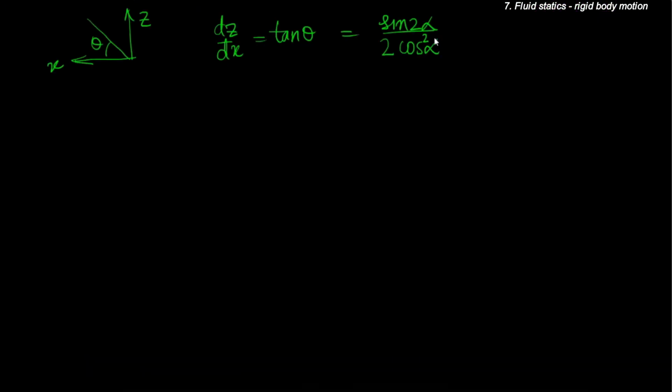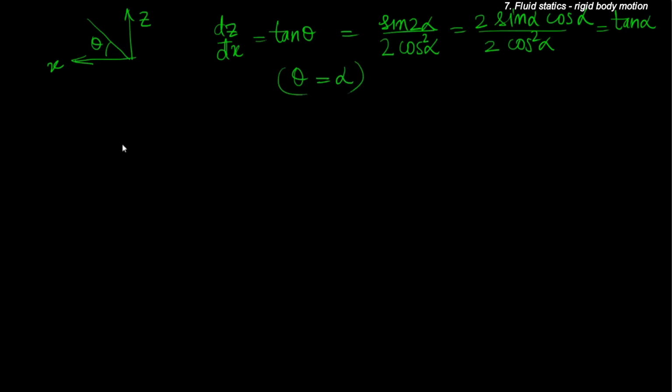This is as good as writing 2 sine alpha cos alpha upon 2 cos square alpha, which is simply tan alpha. So theta is equal to alpha.